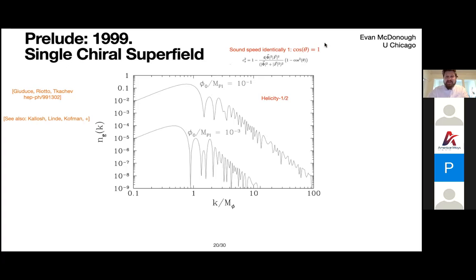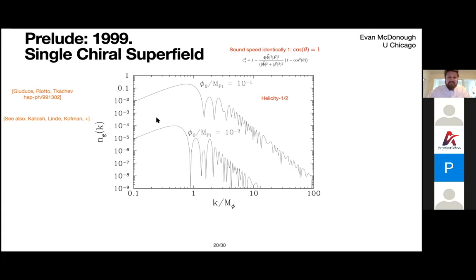If your field space is one-dimensional, then all vectors are parallel, and this c_s is always identically 1. You can derive that in a number of ways, but c_s is identically 1 if you have a single chiral superfield.